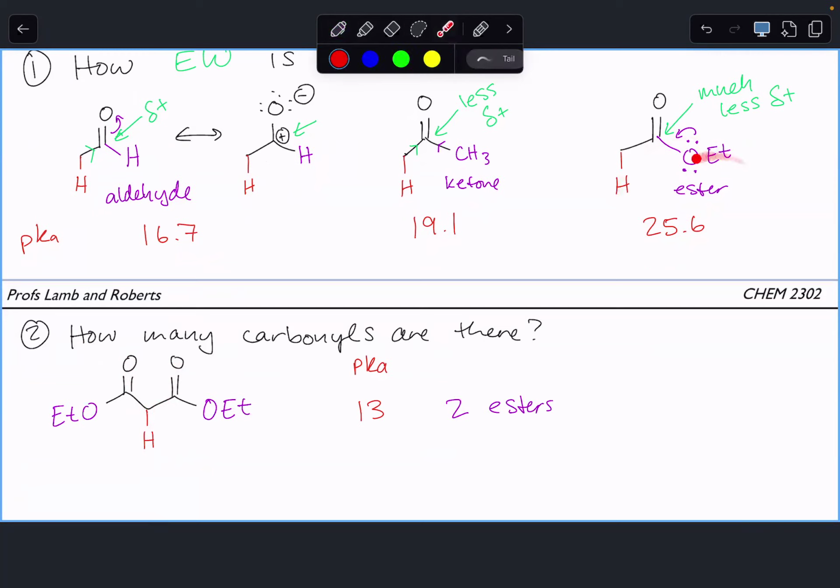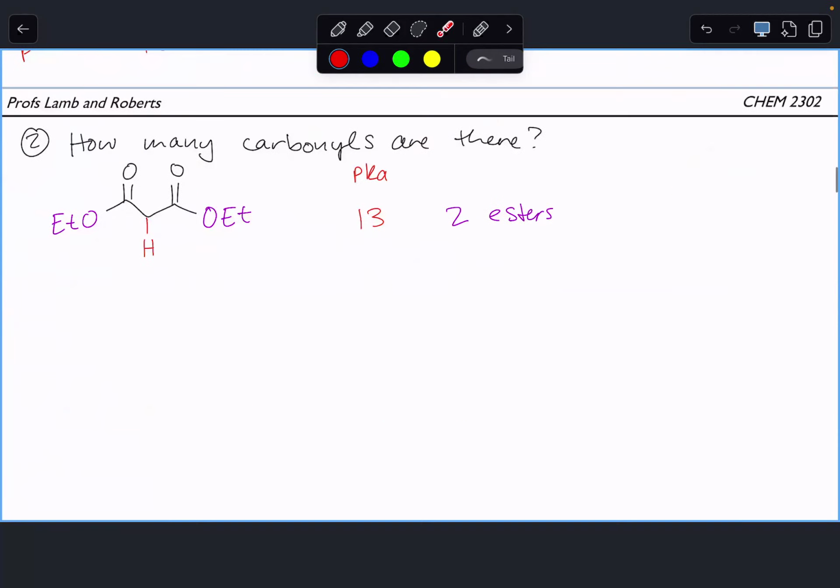So compared to a single ester, which was 25.6, right? We're way more stable than that, because now we have 2 different groups that are stabilizing our conjugate base. We can also put those 2 things together.